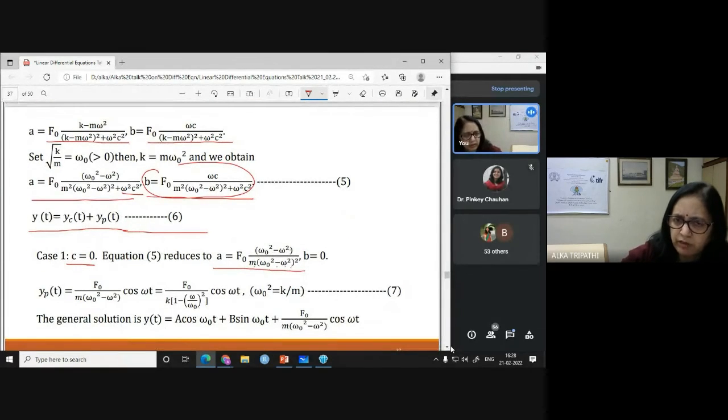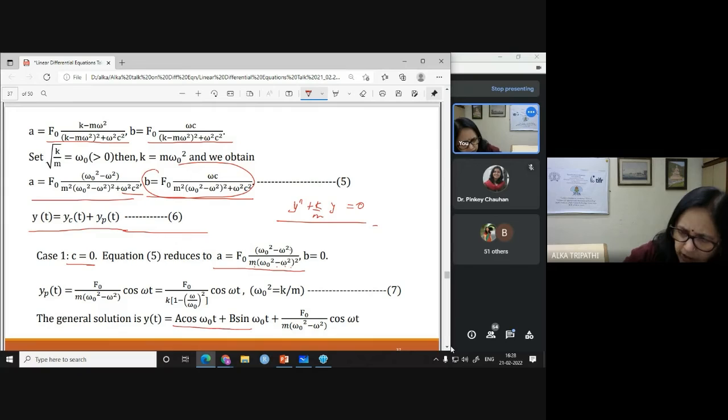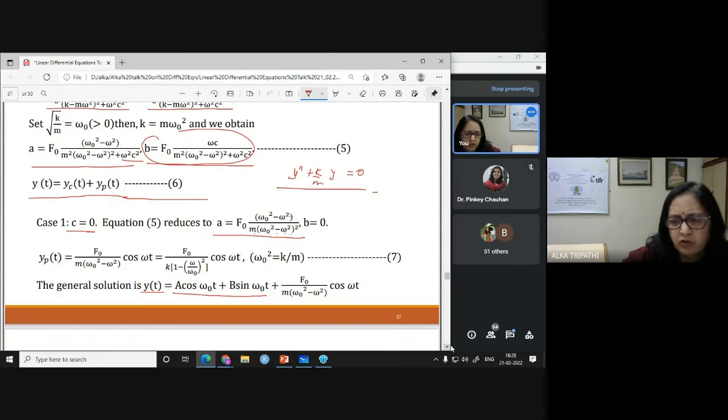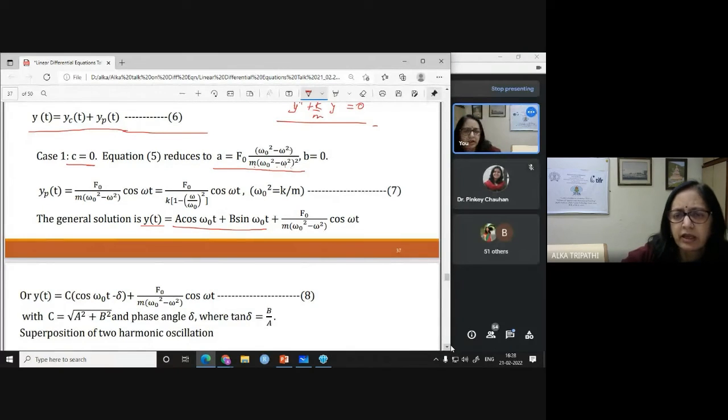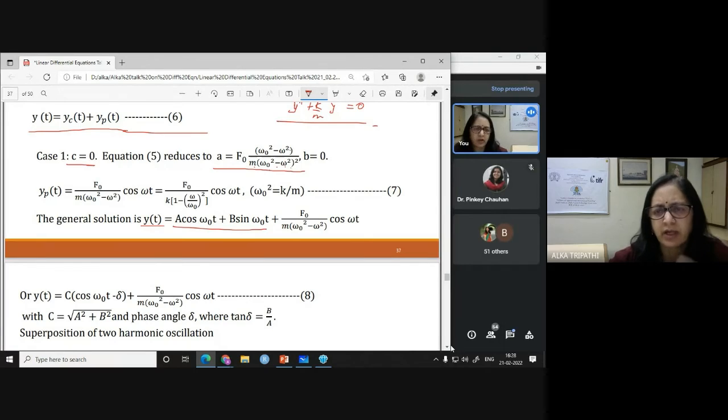Yc we had already calculated, finding the yc value from y double dash plus k by m y equal to 0, which was this value. So our final solution will be y(t) equal to a cos omega naught t plus b sin omega naught t plus f naught by m times omega naught square minus omega square, cos omega t.